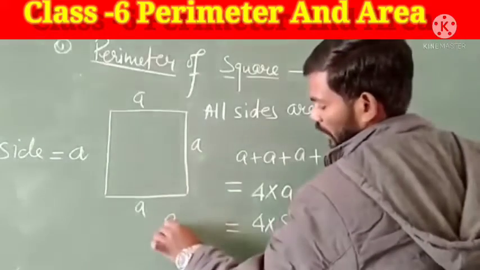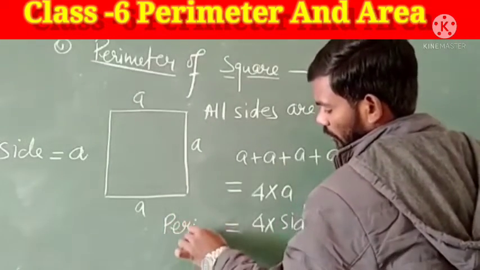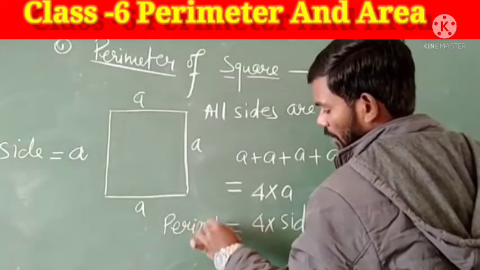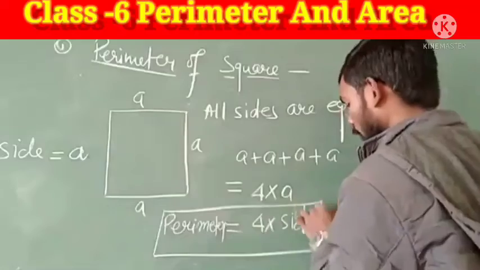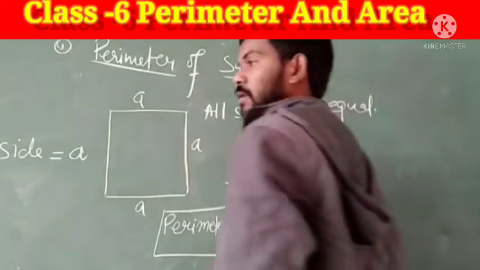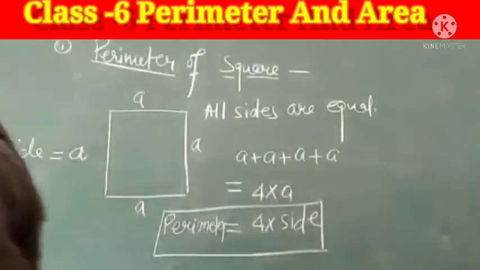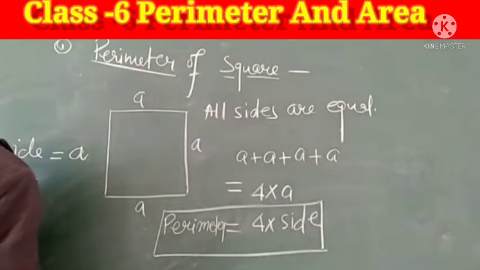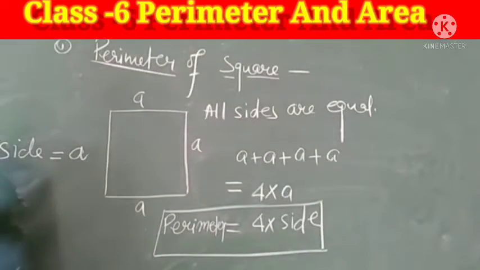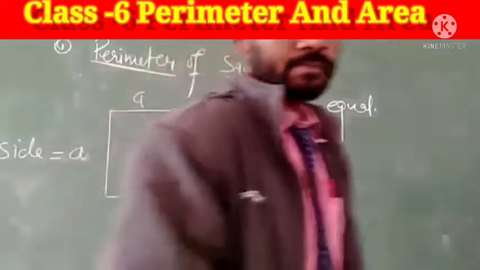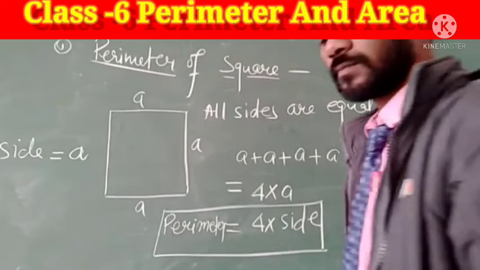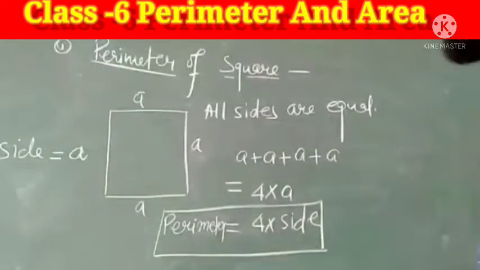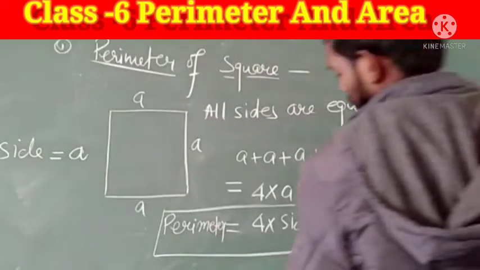So 4 into side will give us the perimeter of a square. So students, I hope the concept of perimeter of a square is clear to everyone. Now let us see a question on it.